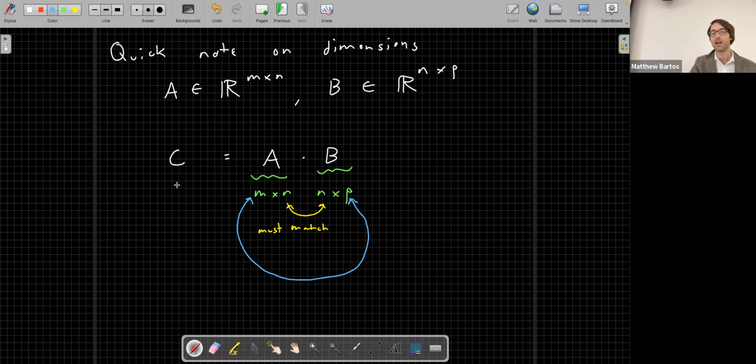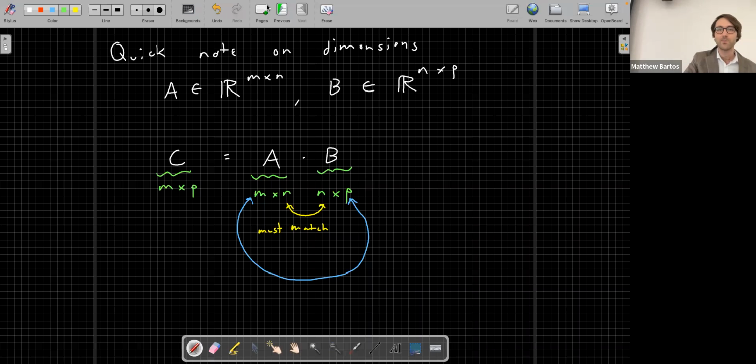So in this case, our output will be M by P. The number of rows of A becomes the number of rows of C, and the number of columns of B determines the number of columns of C. So that's something to remember when you're carrying out matrix multiplication.